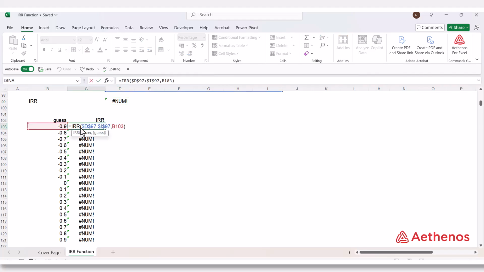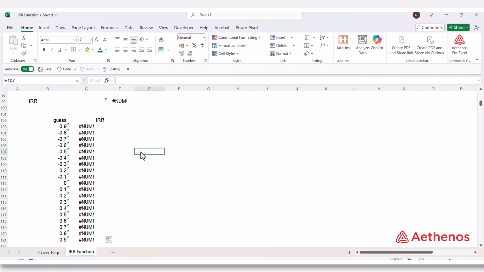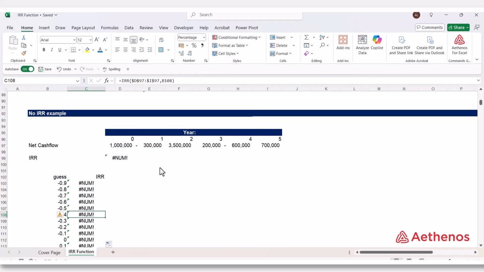I have used the same guesstimate range as before and copied down the formula. And see, there is no IRR for any of these guesstimates. So we are sure there is no IRR, and we can't use the concept of IRR in this situation as well.